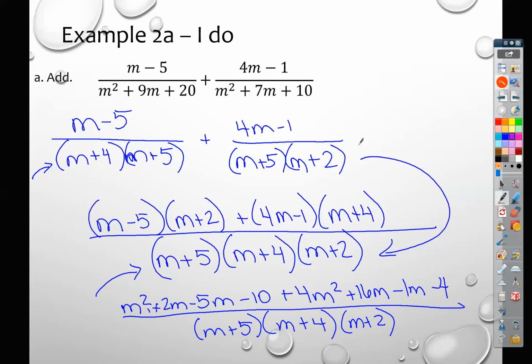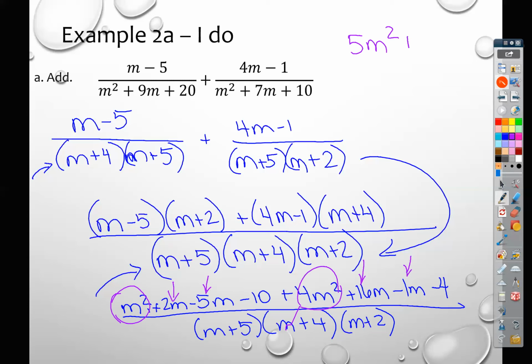I'm going to do it up at the top so I can have room. So look at your m squared. You have an m squared plus a 4m squared. So that would be 5m squared. Now let's just look at the m. So we have 2 minus 5 is -3. Plus 16 is 13.